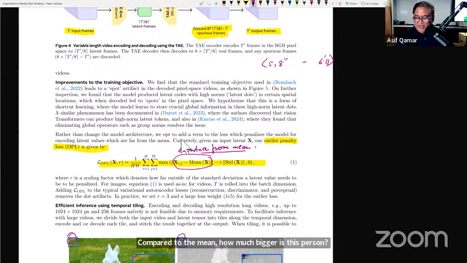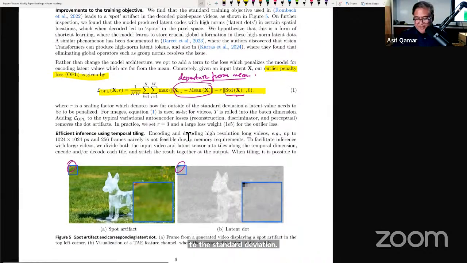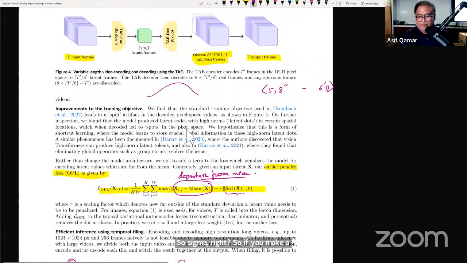And then you ask, how does it compare to the standard deviation, sigma? If you make a bell curve, this is the mean, this is sigma. And the definition of outlier is what? Typically, you say something is an outlier if x minus mu is greater than either 2 sigma or 3 sigma.